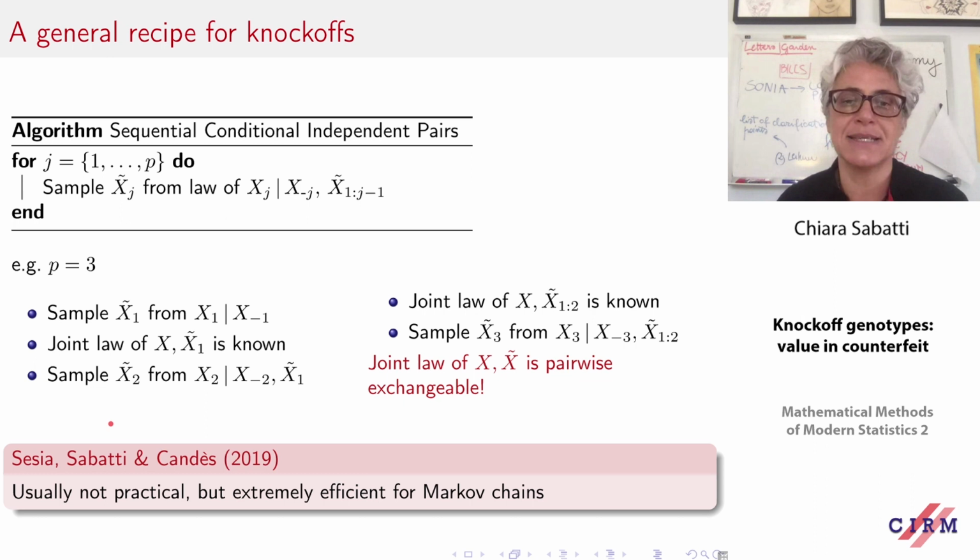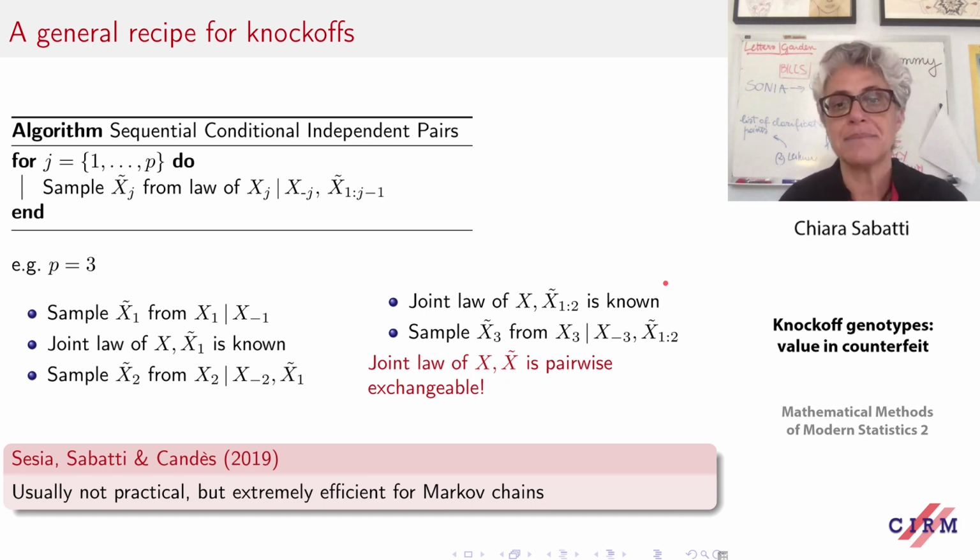Again, once we have done this sampling, we can add this knockoff variable x2 to our collection of variables, and we know the joint law of all of these variables, and we are going to sample x3 knockoff from the conditional distribution of x3 given the original variables x1 and x2 and the knockoff variables x1 and x2.